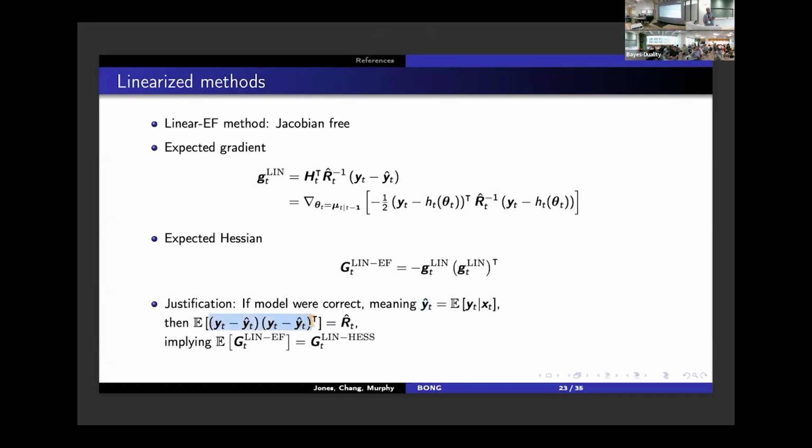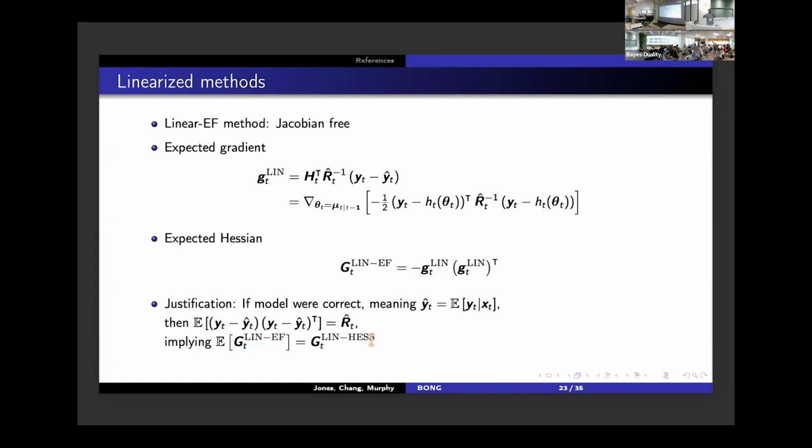first of all, this is just a definition. The expected value of the outer product of y minus y hat is the conditional variance of y. And if you plug that into the formula for little g and then big G, what you get is that the expected value of this quantity here, just plug it in up here, is the same thing as the exact Hessian under the linear approximation.